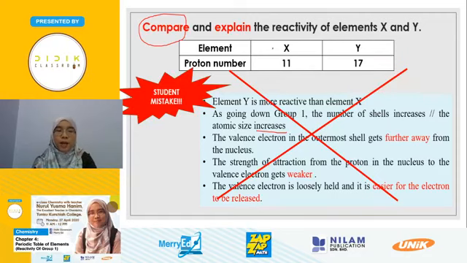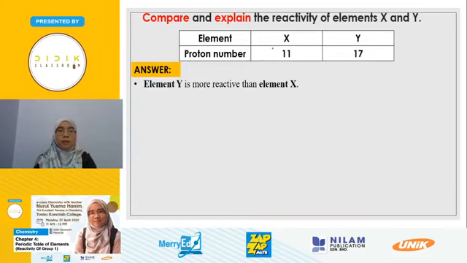So the best way to answer and explain the reactivity of two elements like this is, first, we say that element Y is more reactive than element X. Why is element Y more reactive than element X? Look at the electron arrangement here, 2, 8, 1.